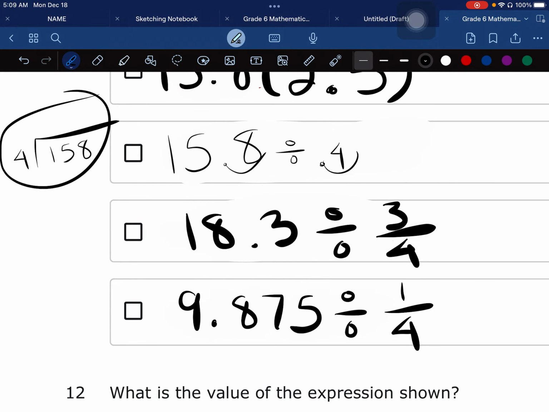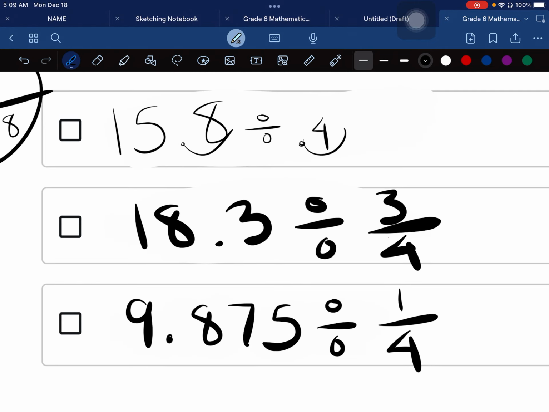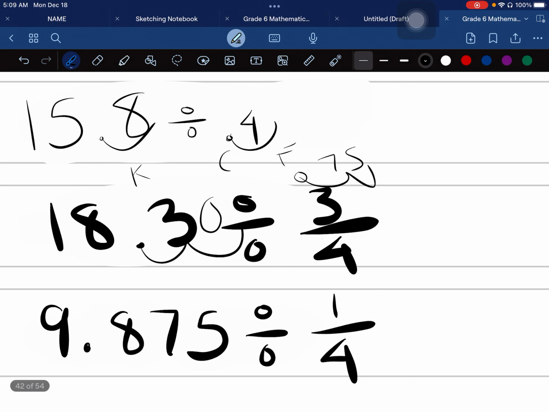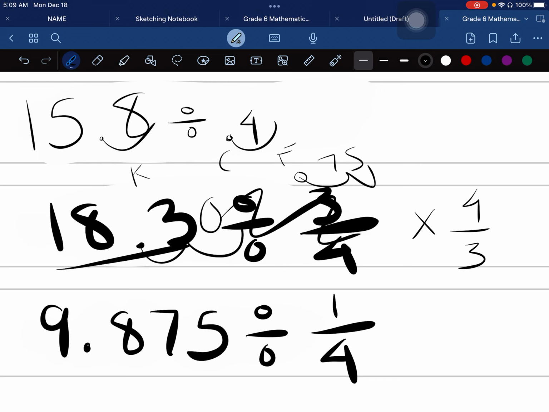Now, you could do the same thing over here, dividing normally. This is 0.75, and you move it 2 times to the right to divide. Or you could do KCF, which is going to be, instead of having this, you're going to have times 4/3, and then you'd put a 1 to it.